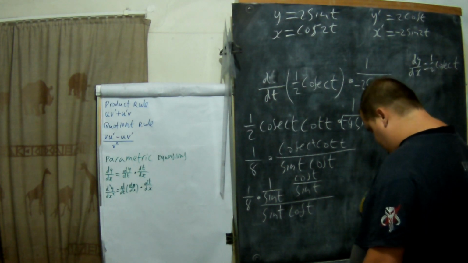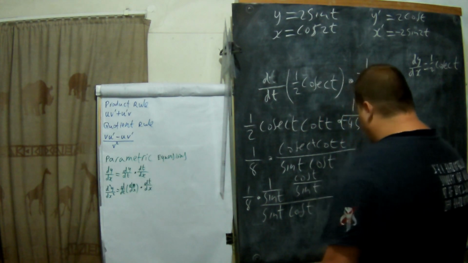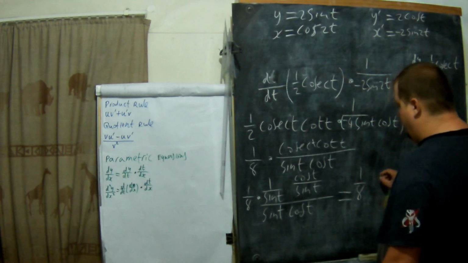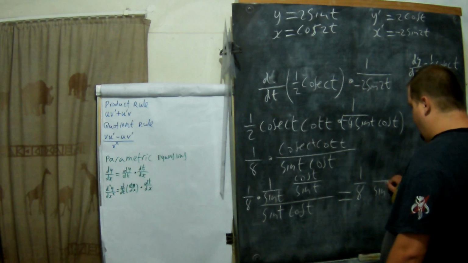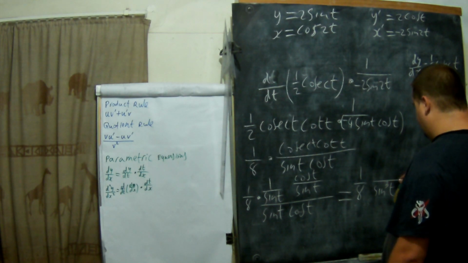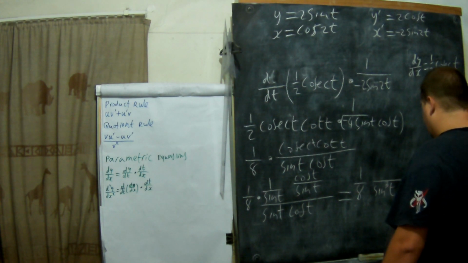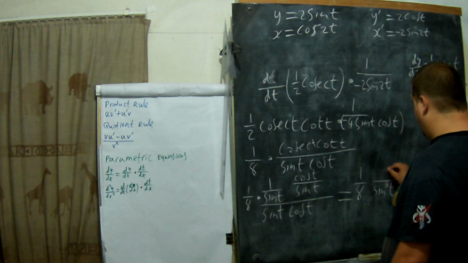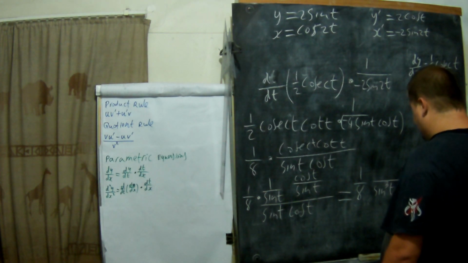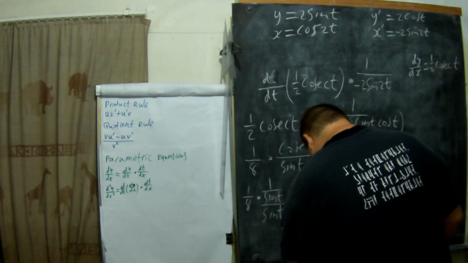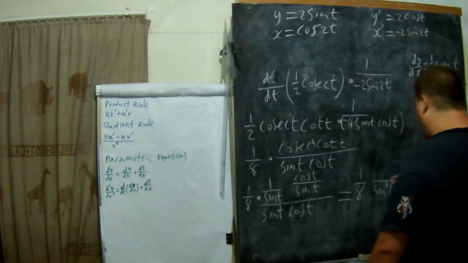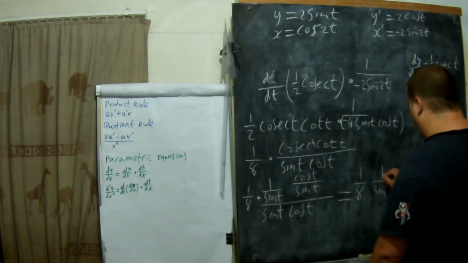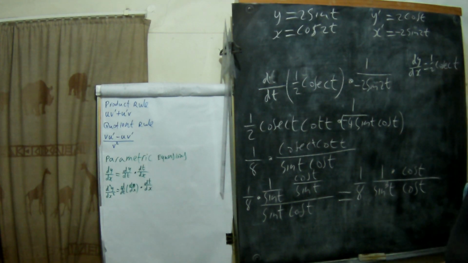So what we are left with is 1 over 8 multiplied by 1 over sine cubed t, cos t over sine t, over sine t cos t, which simplifies so that cos and cos cancel.